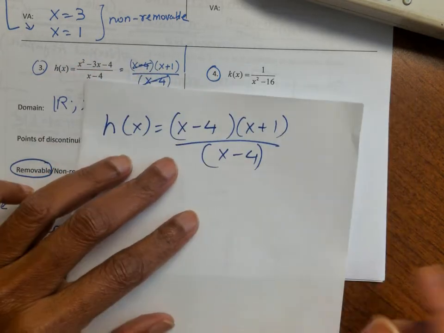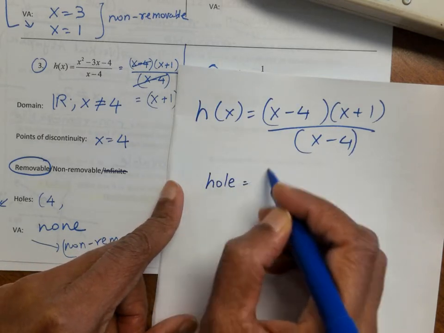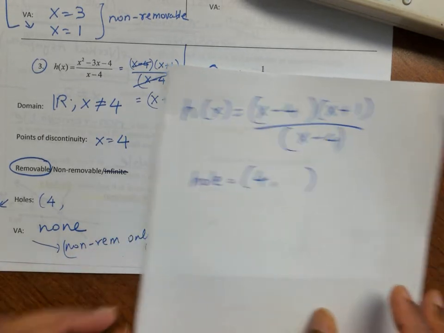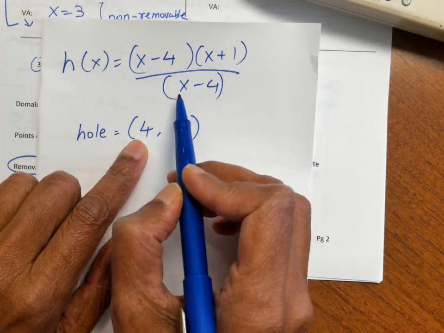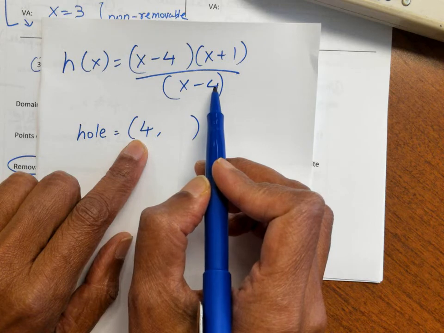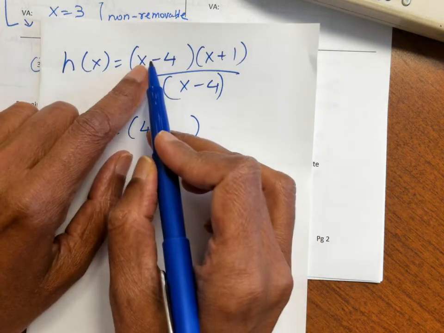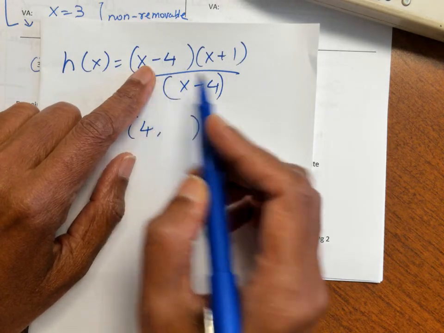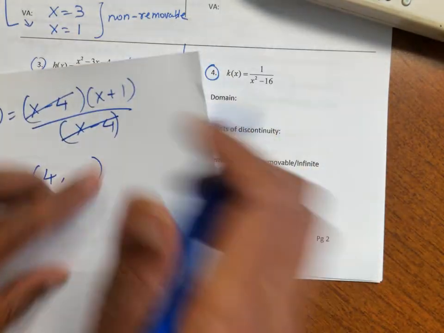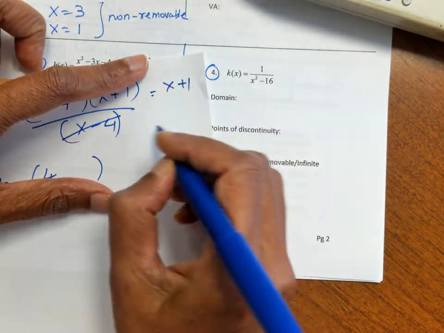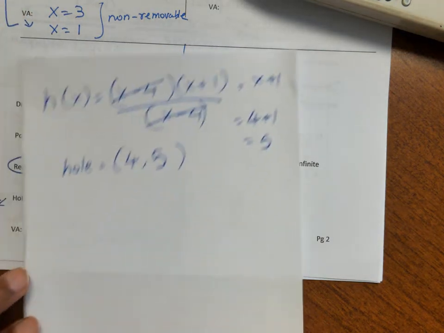If I try to plug in, my hole is at 4. If I try to plug 4 into my original equation, what happens? 4 minus 4 is 0, correct? 0 in the denominator, not possible. And this also becomes 0. So you always plug it into the simplified one, which means x plus 1, which means 4 plus 1, which means 5, so it is 4 comma 5.